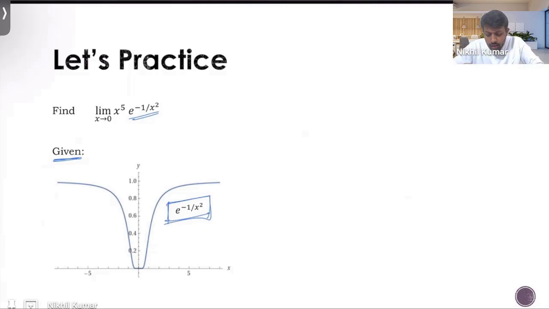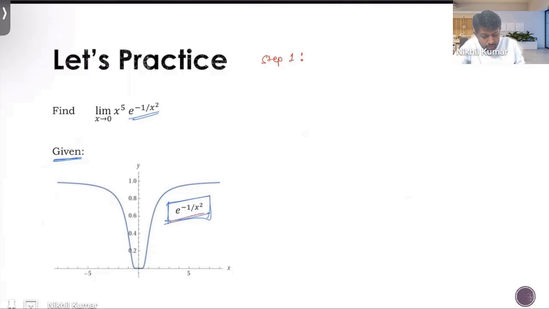This kind of tells me how to approach the question. I see that in this function we have an algebraic function multiplied with a logarithmic function, and I'm not able to figure out the exact value of the limit by direct substitution. Factorization, rationalization, not going to help us. The next technique is the squeeze theorem. So let's try the squeeze theorem. The first step was to create an inequality.